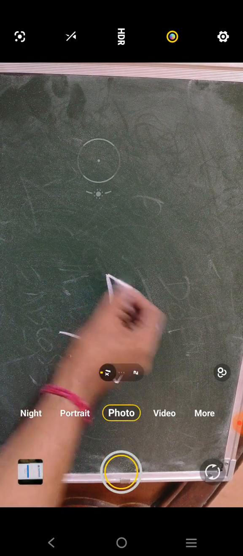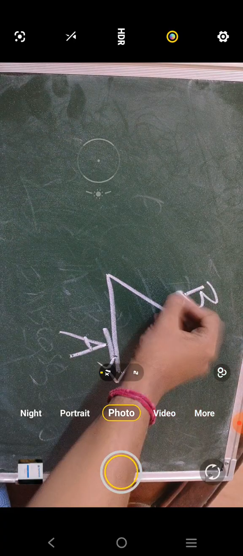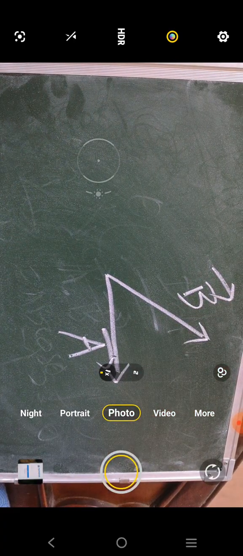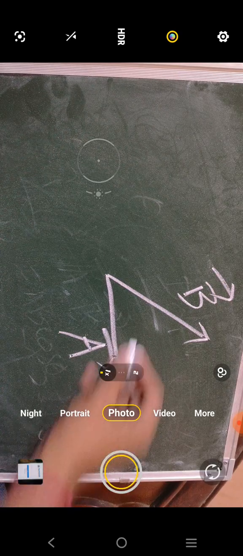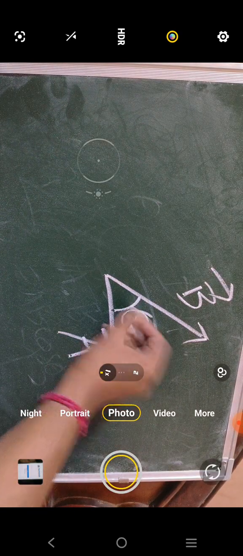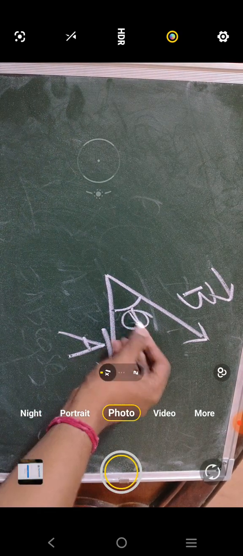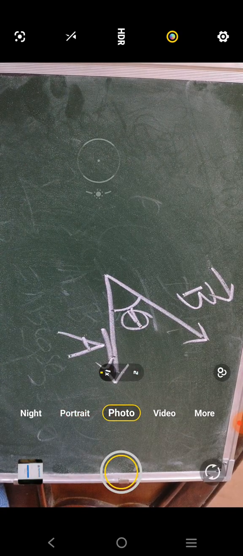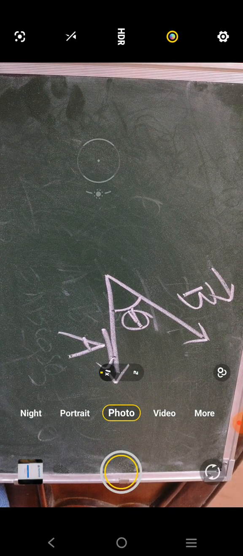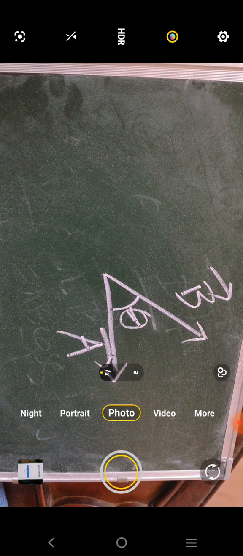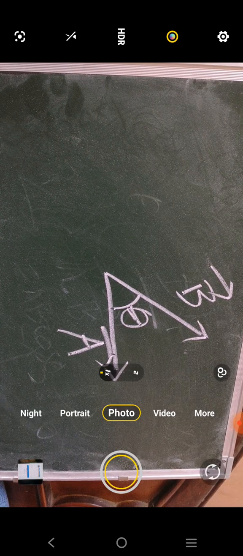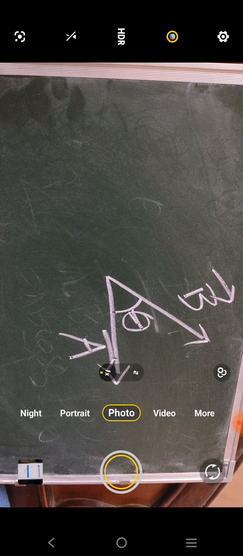Let me draw another vector B. Two vectors I have drawn, A and B. What is the angle between them? The angle between them may be theta. So theta is the angle between the two vectors A and B.